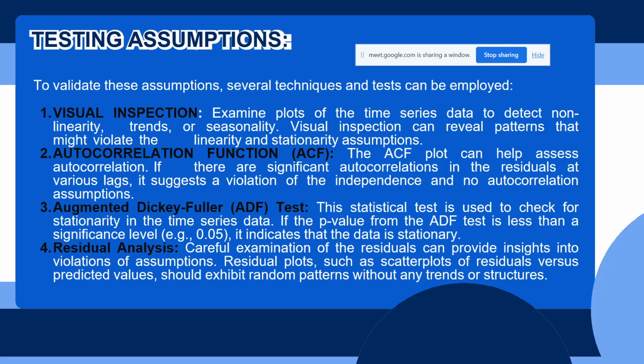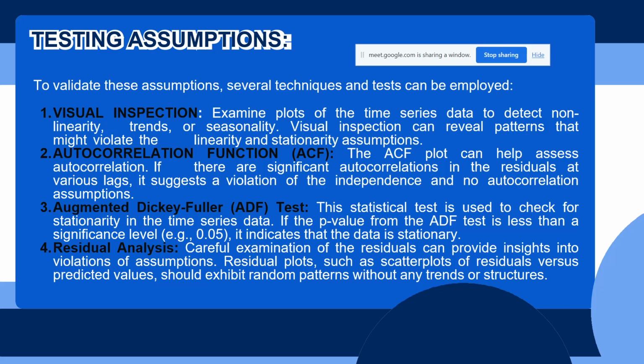Now let's proceed to the second one, the autocorrelation function or ACF. The ACF plot can help assess autocorrelation. If there are significant autocorrelations in the residuals at various lags, it suggests a violation of the independence and no autocorrelation assumption. Its purpose is to assess autocorrelation in residuals.